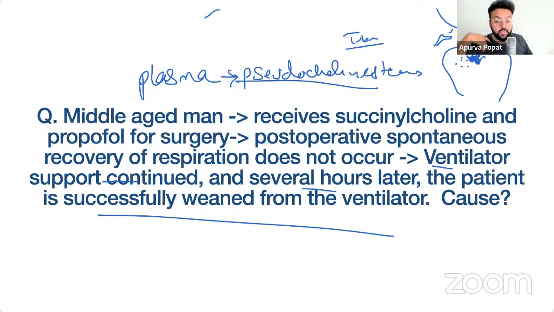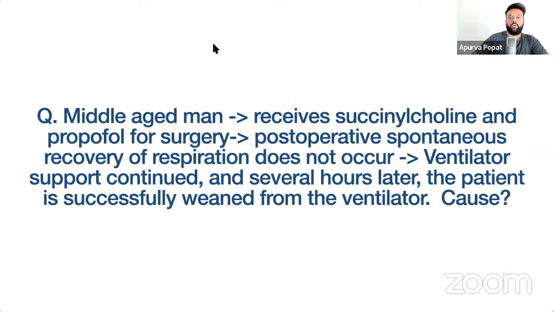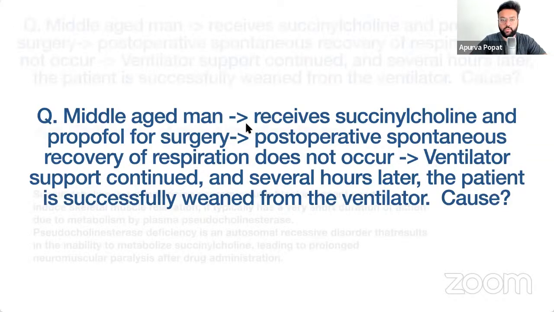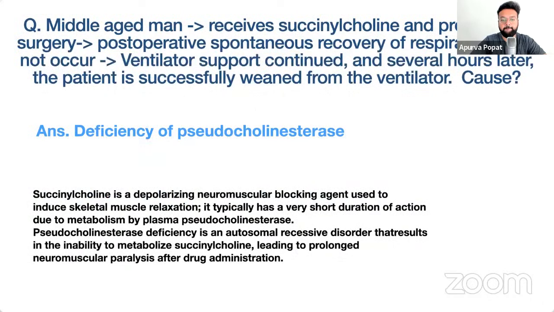I have seen patients we had to keep on the ventilator for a very long time. It's very difficult to know this preoperatively, and usually we don't check pseudocholinesterase levels, but unfortunately these things can happen. So that's pseudocholinesterase deficiency and succinylcholine.